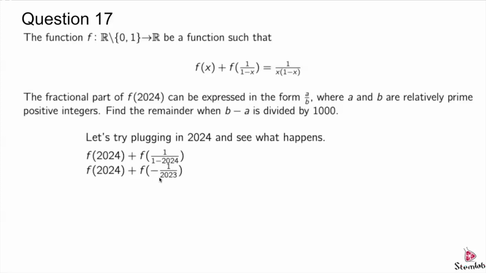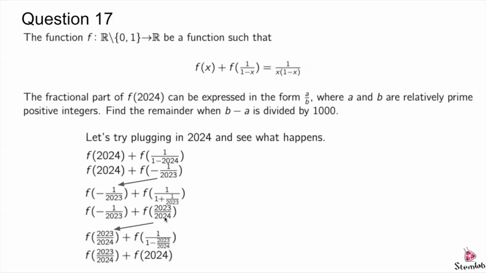If we use negative 1 all over 2023 as the first input, we get that the second input must be f of 2023 over 2024. Doing it one more time, if the first input is 2023 over 2024, it turns out that the second input must be f of 2024.